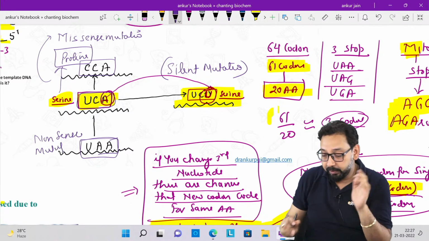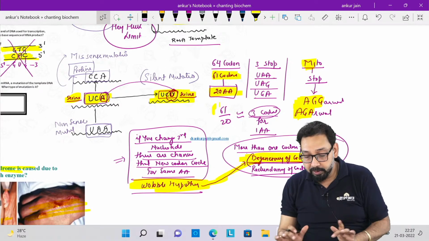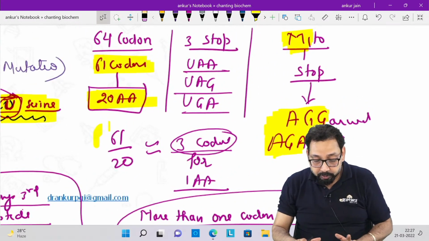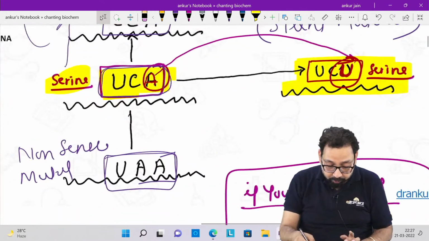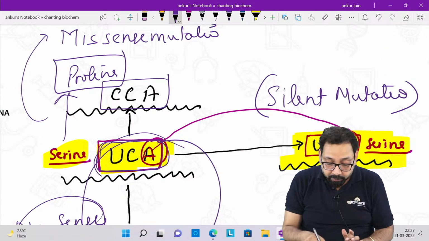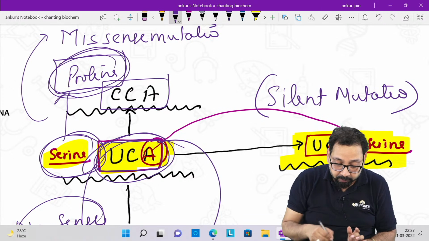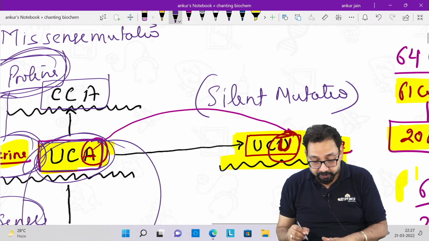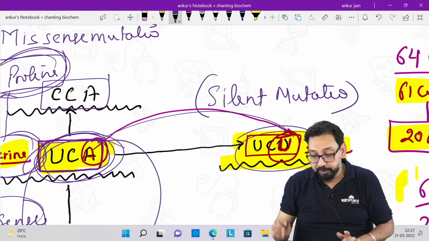Let me repeat, this is very potential topic, recently asked topic. 3 stop codon, if any codon is changed to stop codon, then it is called nonsense mutation. If one codon coding for one amino acid is changed with other amino acid, missense mutation. If the codon is changed to another coding for the same amino acid, silent mutation, okay.